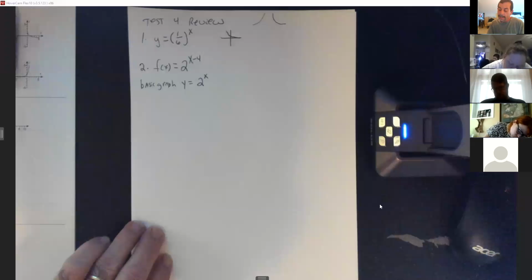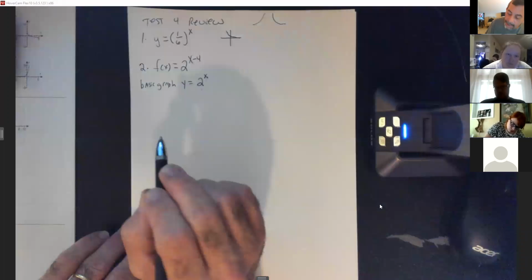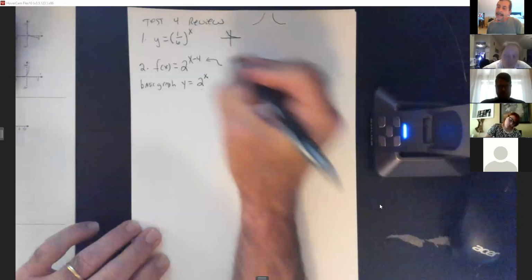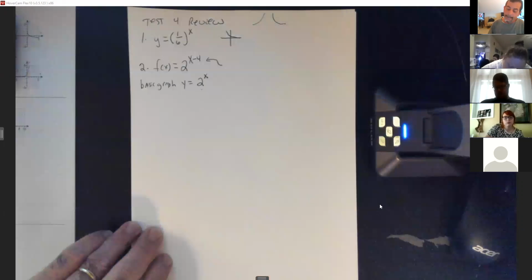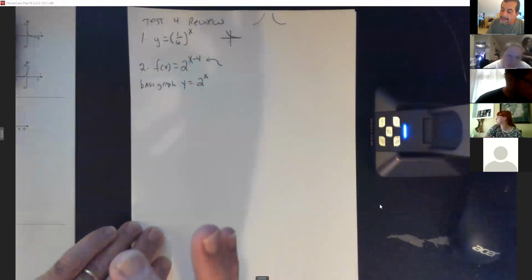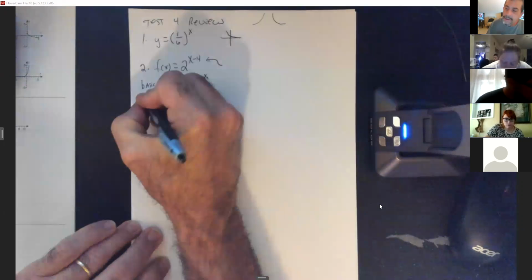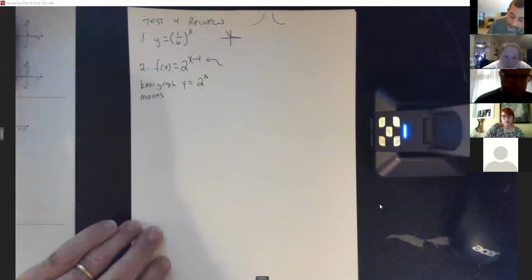It's always going to be the base hit with the exponent for the basic graph. Now, we want to know what that negative 4 is doing to my graph. So since I'm attacking the x, I'm going to go left or right. Since that's negative, this will actually move to the right 4 units.